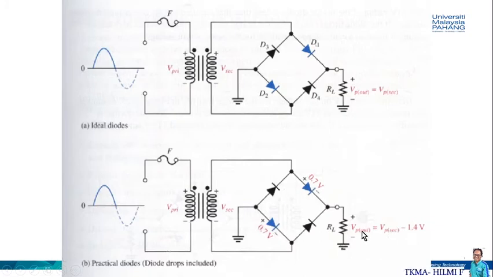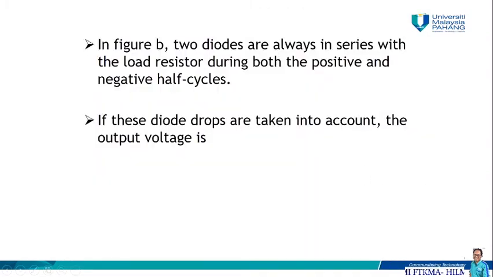We have two diodes, meaning it's going to be less by 1.4 volt. Two diodes are always in series with the load resistor during both the positive and the negative half cycle. So taking account of the diode drops, the peak output voltage VP out is equal to the peak secondary voltage minus 1.4 volt.